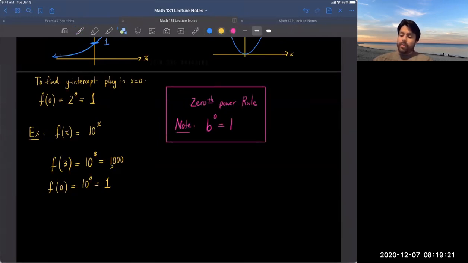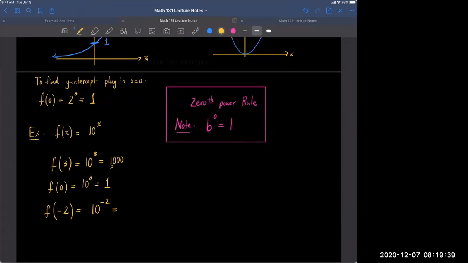Now, what about if you plug in a negative number? What is 10 to the negative 2 power? One over 10 to the second power. Right.